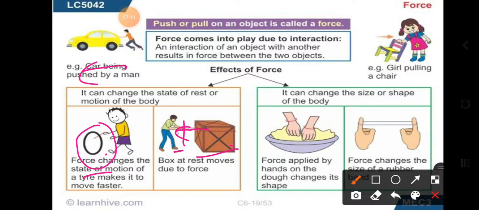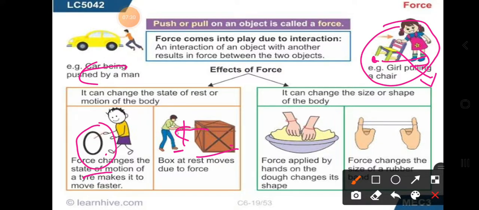When you kick a ball, the force acting on the ball helps the ball move from one place to another place. See here in this picture, a girl is pulling the chair, due to which the chair moves from this place to another place.